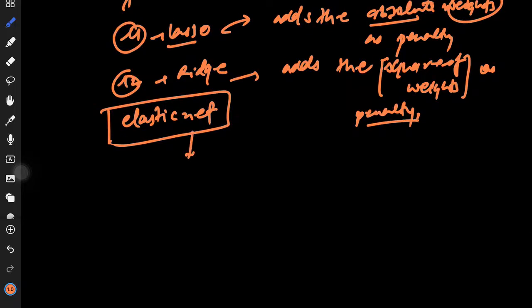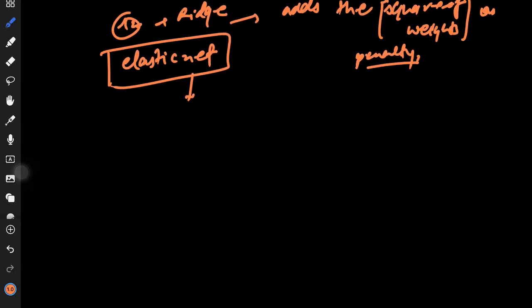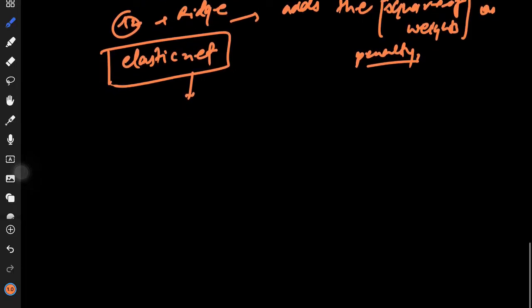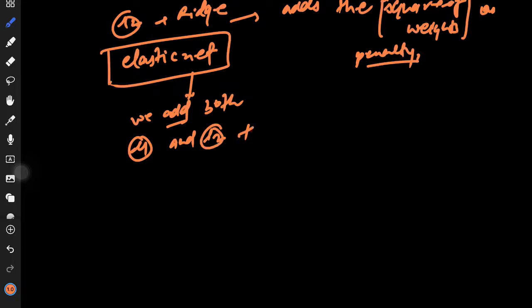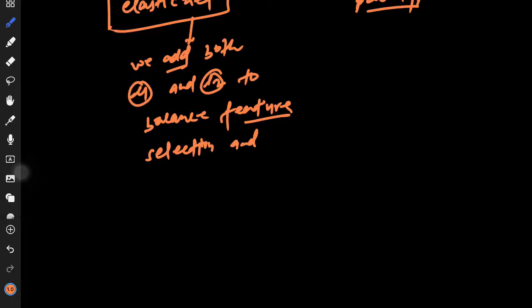Then in elastic net, we add both L1 and L2 to balance both feature selection and weight reduction.